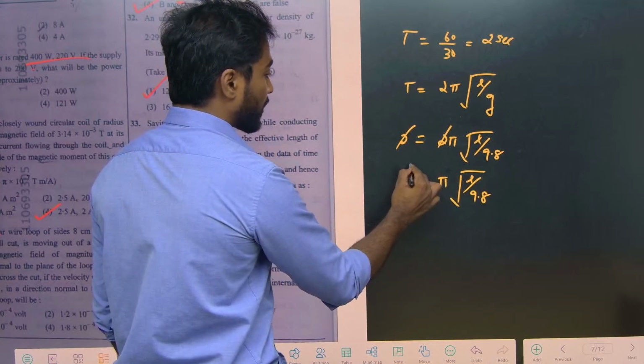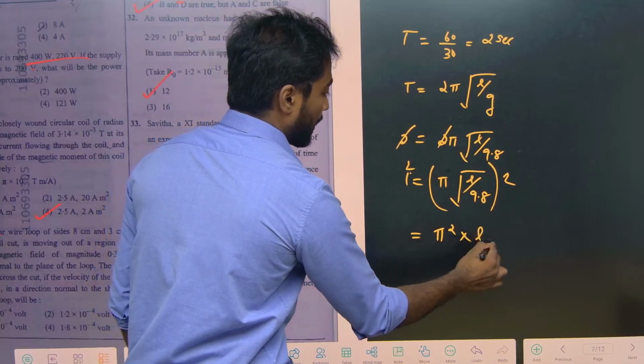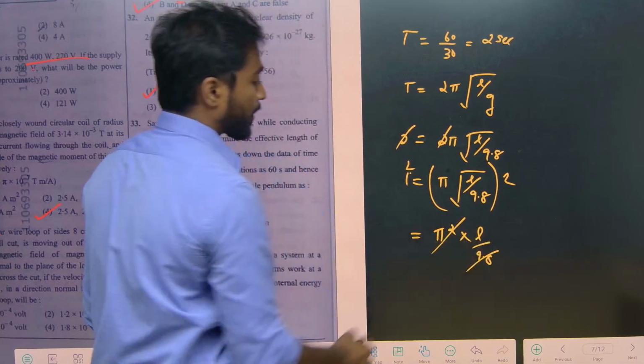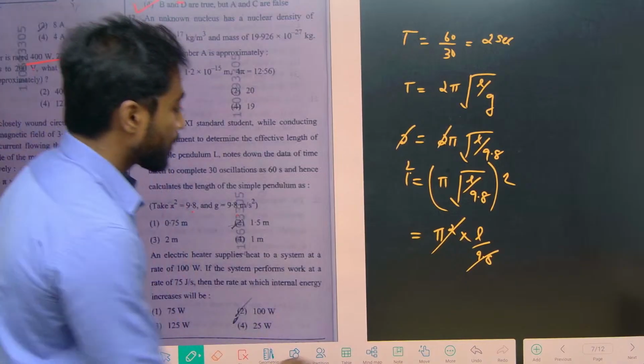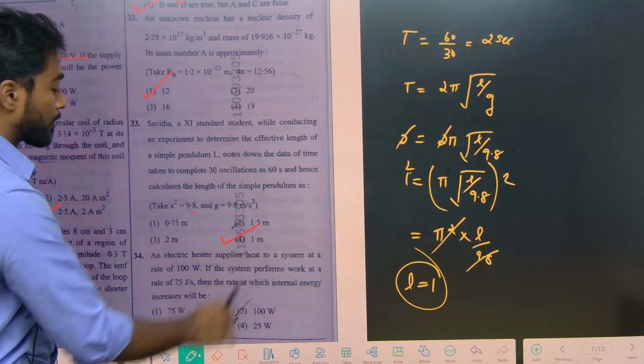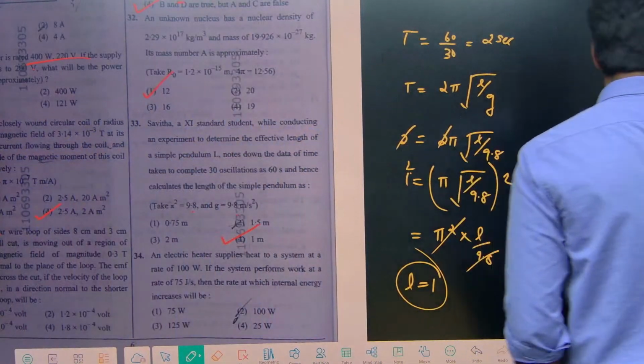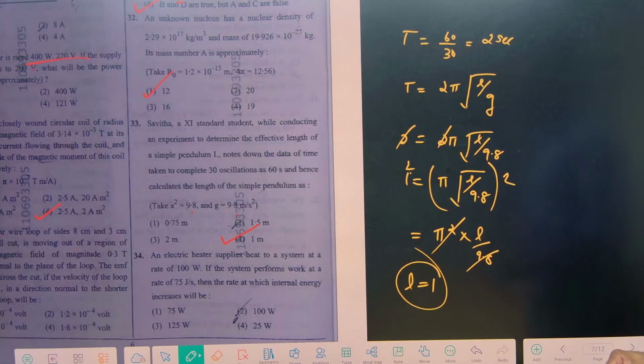Square on both sides: pi square into L by 9.8. This 9.8 and this 9.8 get cancelled off. L will be equal to 1. So the answer is 1 meter. Done?